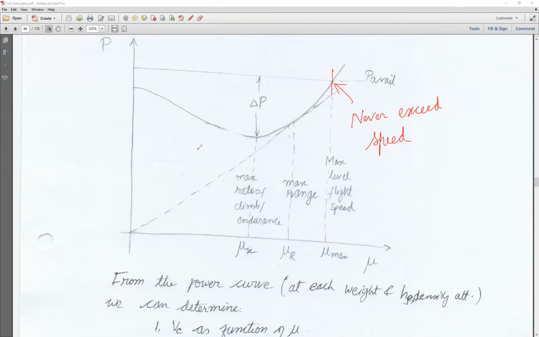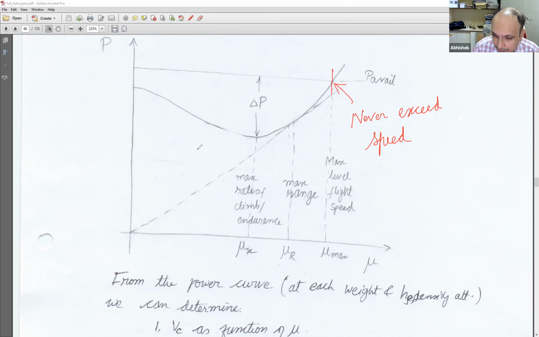Power loading, sir. No, I'm talking about any condition at any point. If I just hover at any point of time, what parameter governs the endurance of any aerial vehicle, even if I leave the helicopter? Endurance is directly a function of what?